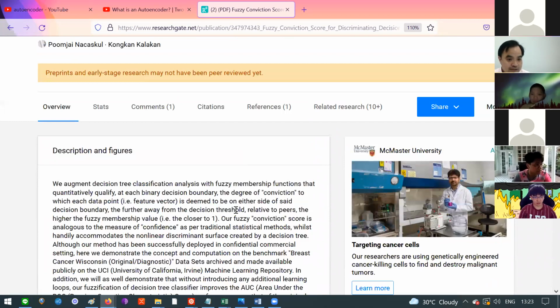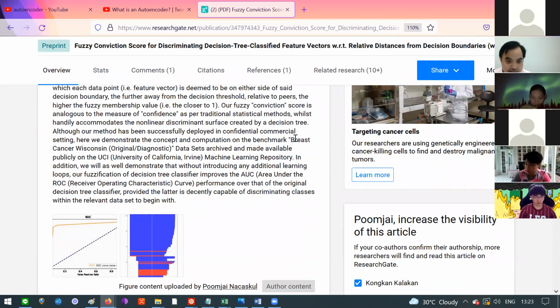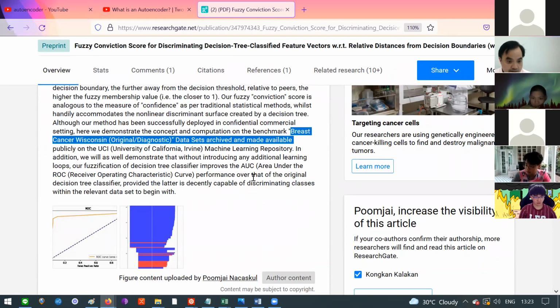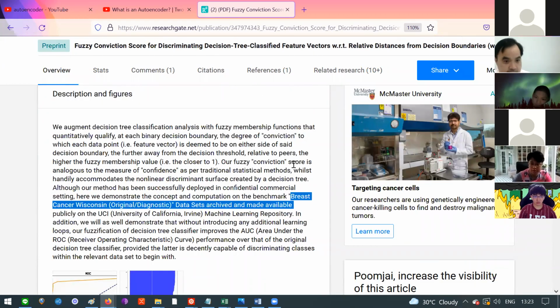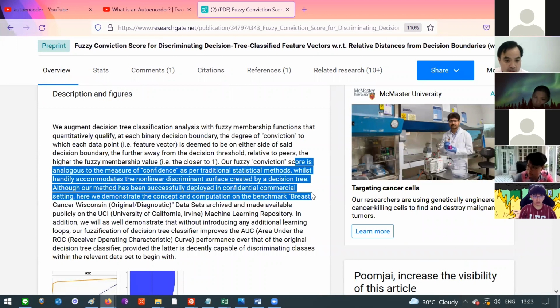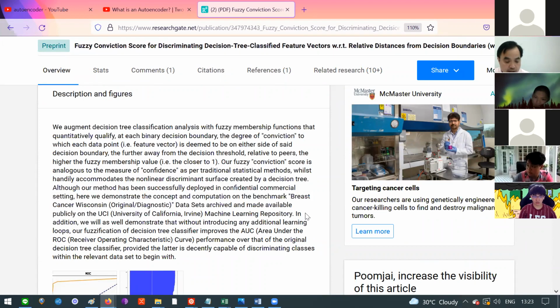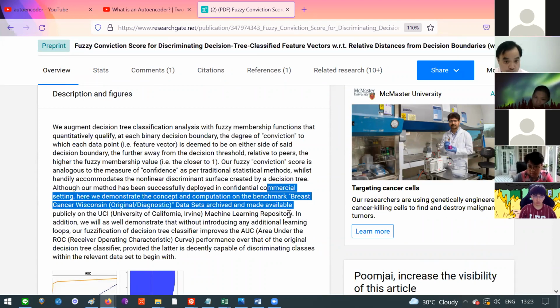So I use this technique on breast cancer data, and because it's got pretty good accuracy, I use a decision tree.